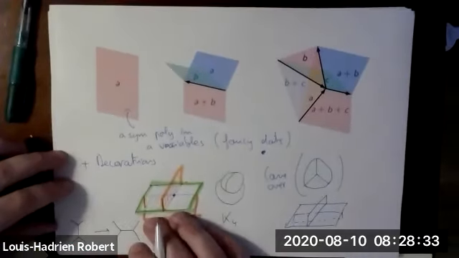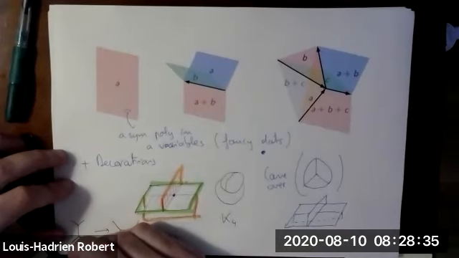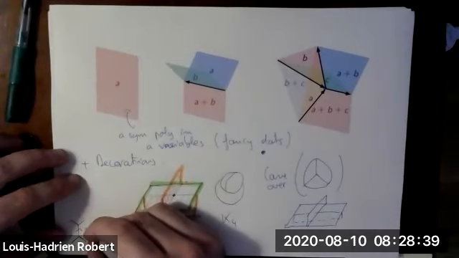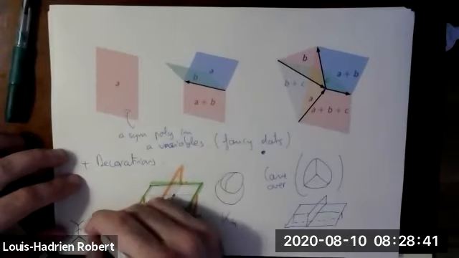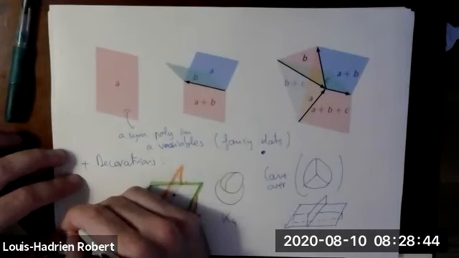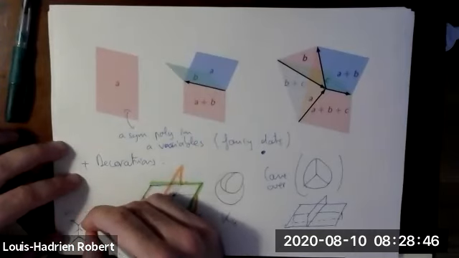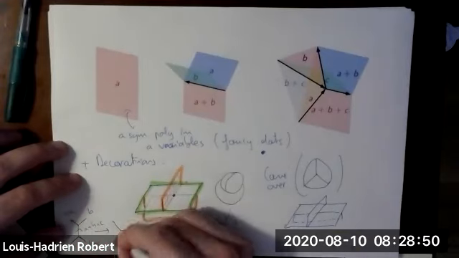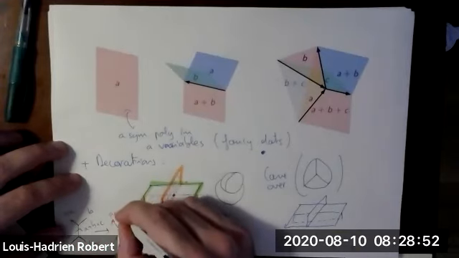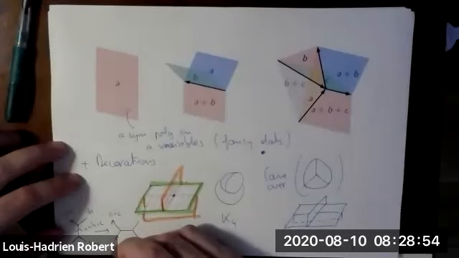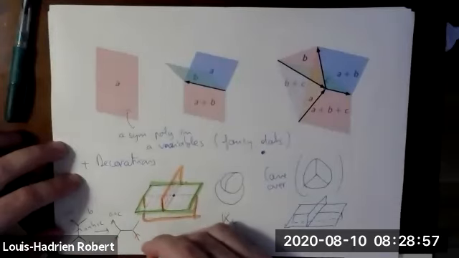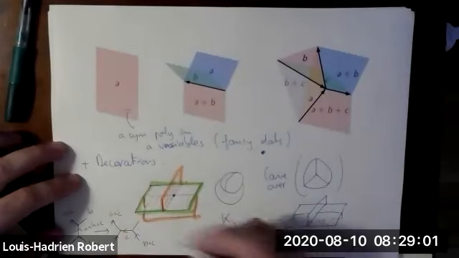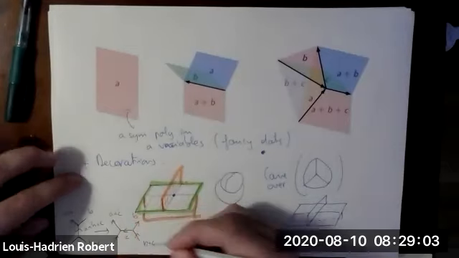So now if you want me to put some labels, I can put A, B, maybe A plus, no, this was not clever, B plus C, A plus B plus C, and here A plus C, B. And here I can probably put A plus C, A, B plus C, C, I guess, and B here.